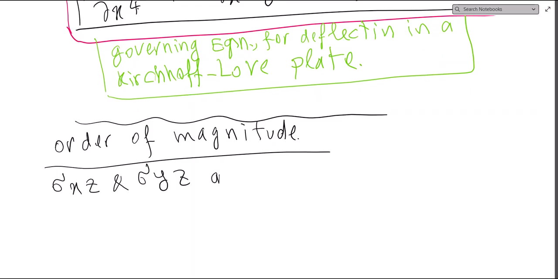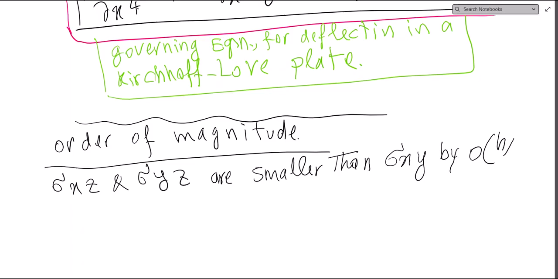So R is smaller than sigma xy. These are shear stresses by order of h over l.